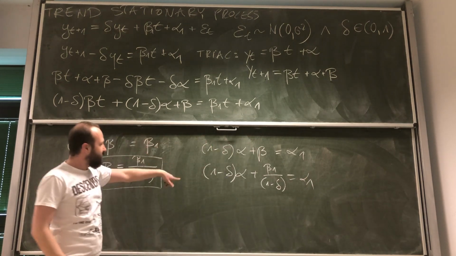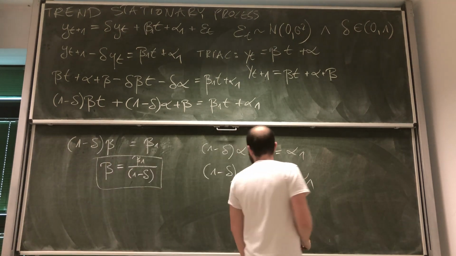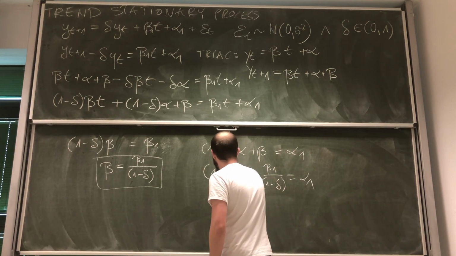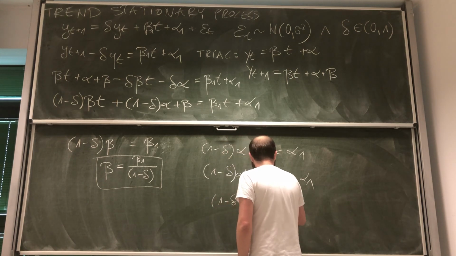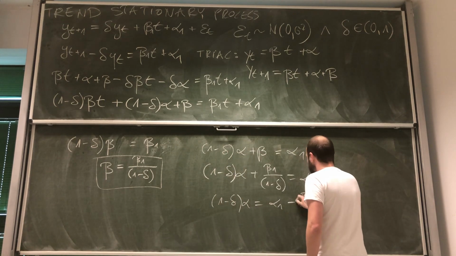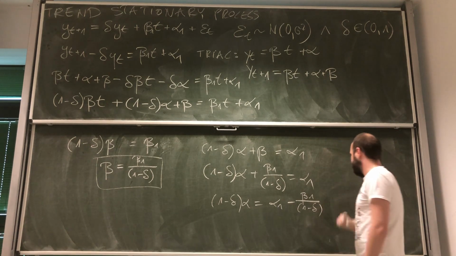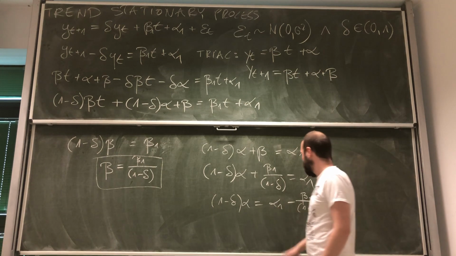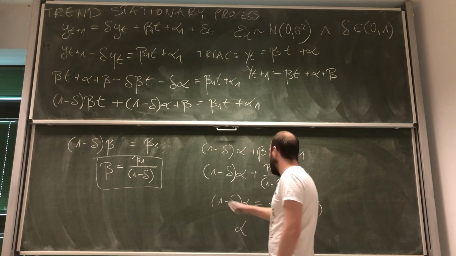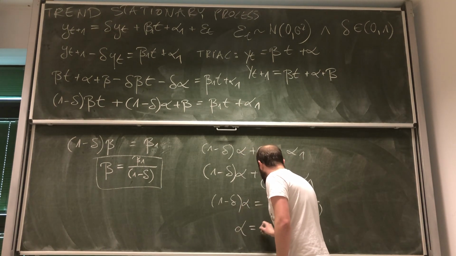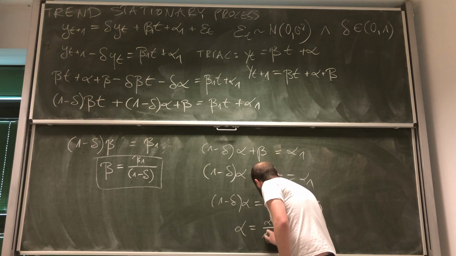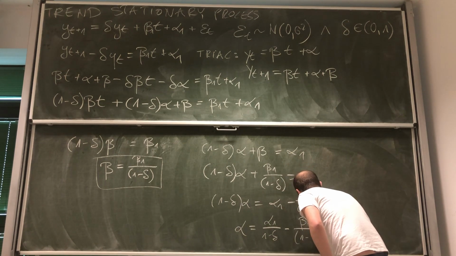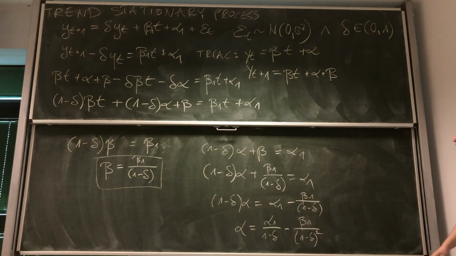So out of it, 1 minus delta alpha is equal to alpha_1 minus beta_1 over 1 minus delta, and dividing through by 1 minus delta, we get that alpha is equal to alpha_1 over 1 minus delta minus beta_1 over 1 minus delta squared.